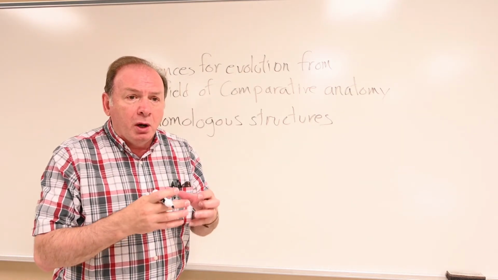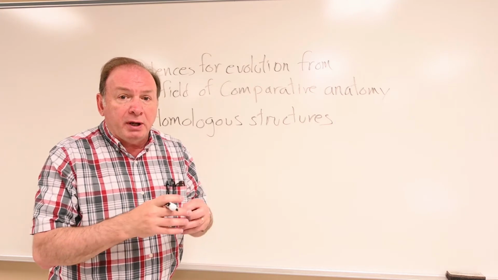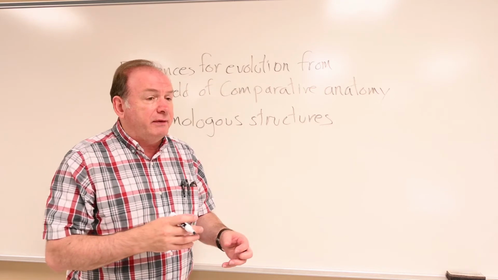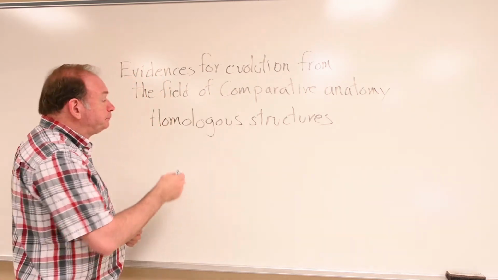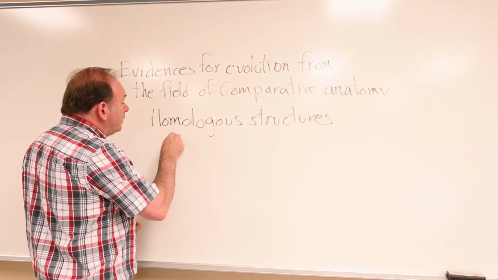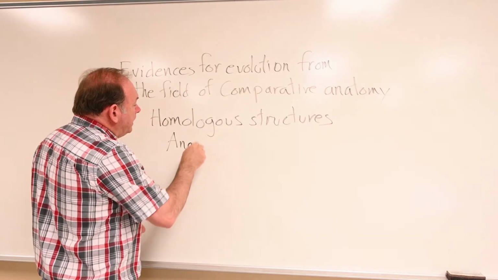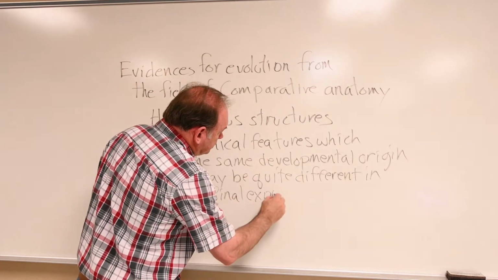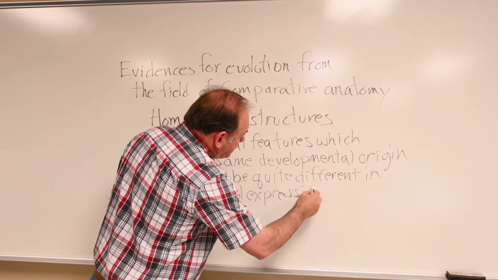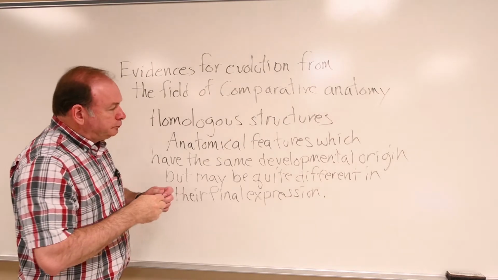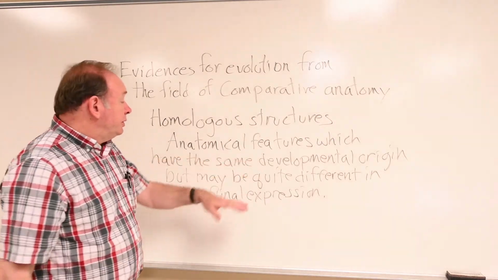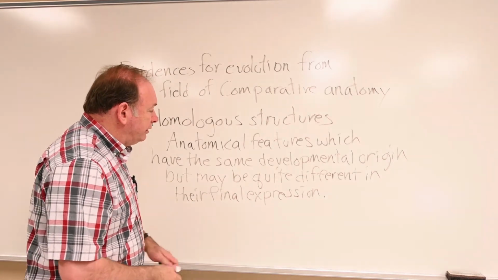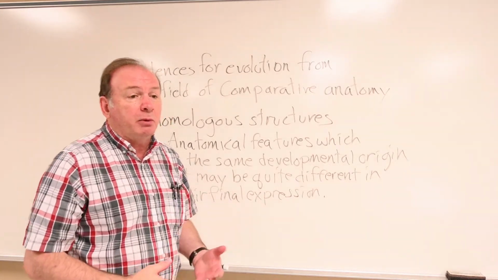They have the same structural origin, but as an animal develops, they become expressed in vastly different ways in different kinds of organisms. So, anatomical features which have the same developmental origins but may be quite different in their final expression, their final anatomical form.